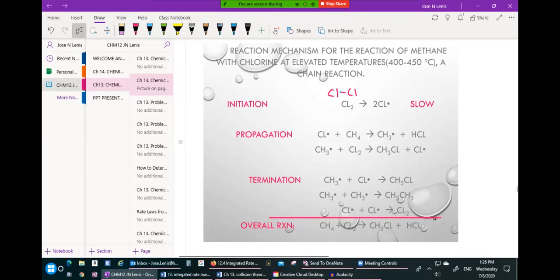Remember that chlorine has 7 valence electrons, and this chlorine also has 7 valence electrons. In this molecule, they are sharing this pair of electrons.